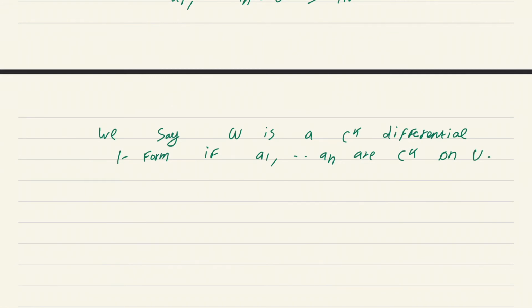That just saying Ck on U doesn't sound nice. Or Ck smooth on U. So this is the definition of a differential one form. A differential one form is modeled on the total derivative or total differential df. At each point on the open set, it assigns a linear functional from Rn to R.